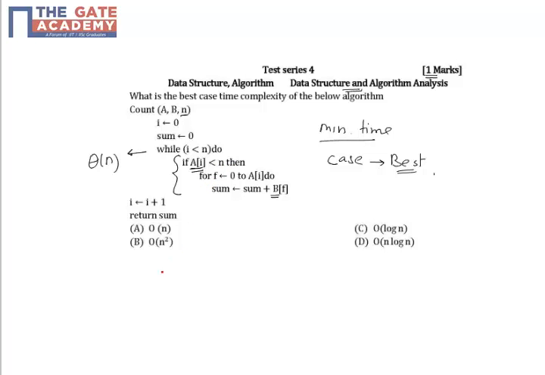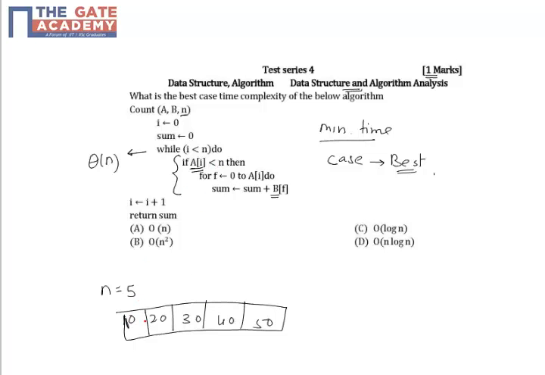Let's think of an array where the value is always greater than n. Let's take n equals 5, and say my array elements are 10, 20, 30, 40 and 50. This is my array A. Check the condition: if a[I] is less than n, is 10 less than 5?